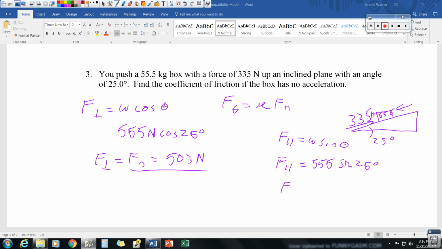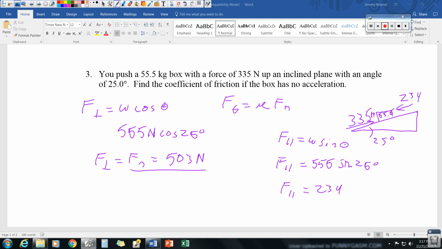And when you do that, you get a force parallel of 234. So, as of right now, we have applied a force of 335 newtons on this box to slide it. We know that 234 newtons of that force is going to be canceled out by the weight of the object wanting to slide back down.